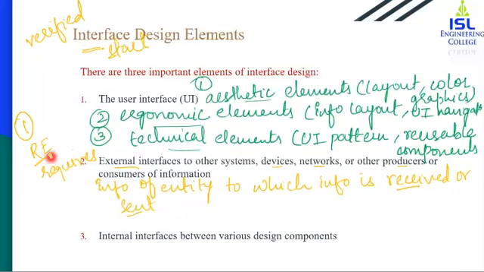First, you're going to identify it in the requirement engineering phase. Second, you're going to verify it when the interface design element is going to start. Now, within these external interfaces, there are a few activities, that is error checking and security features. These are the two activities that are going to happen within the external interface.